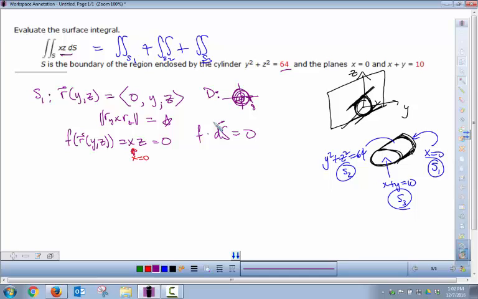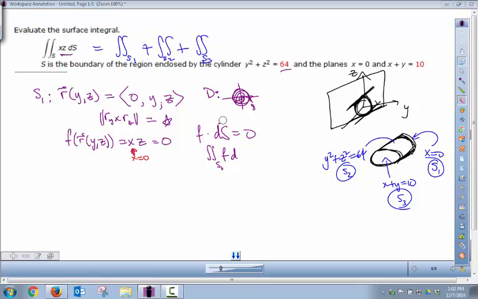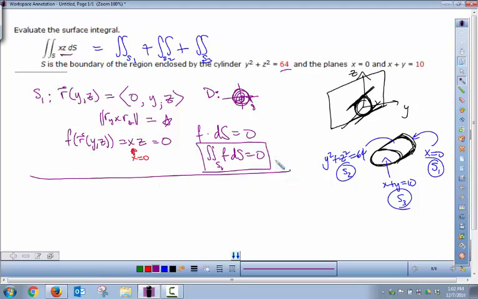There's no contribution from this. Okay? So the integral over S1 of f dS. I put an arrow on top of that S, and there's not supposed to be one. Okay, so that part's done.